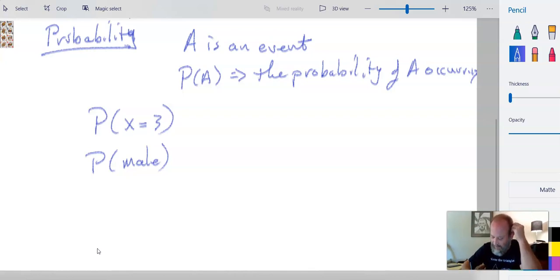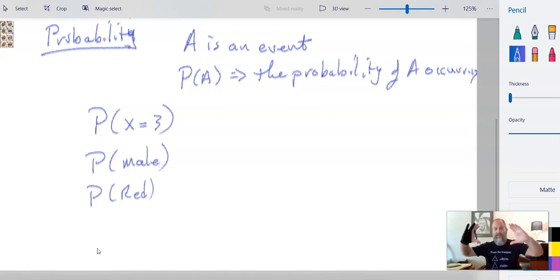That's certainly a legitimate thing to do. Sometimes you're drawing marbles out of a bag, and you want the probability that the marble is red. So a lot of the time that just gets written this way, right? The P with the parentheses around it tells you what you're computing the probability of.